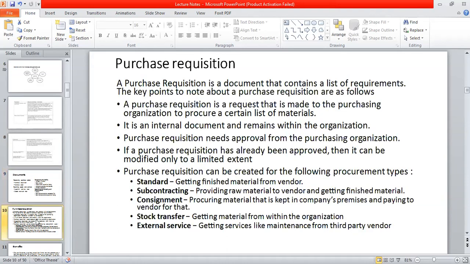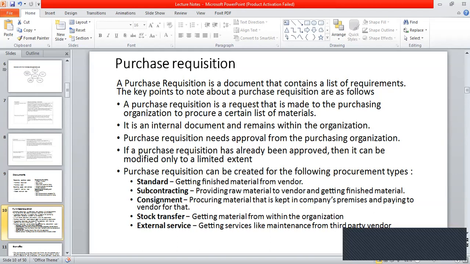Now let's look into the documents in detail. The first document, the purchase requisition. A purchase requisition is a document that contains a list of requirements, and the key points to note about purchase requisitions is one, a purchase requisition is a request that is made to the purchasing organization to produce a certain list of material.